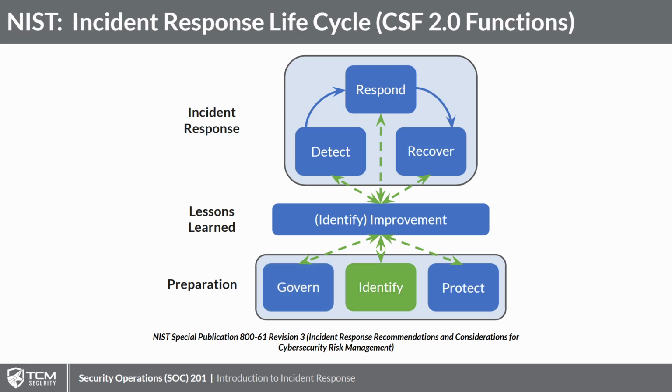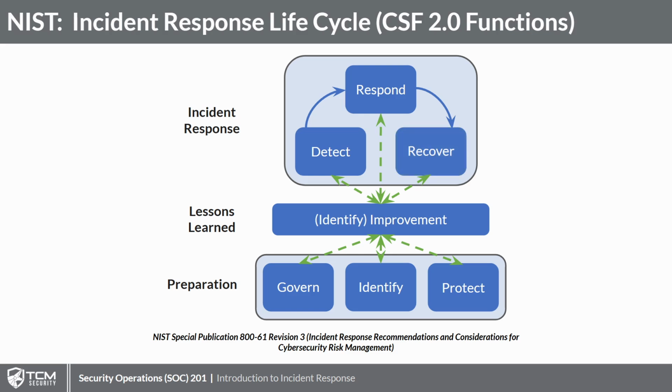We have identify, right, where the organization's current cybersecurity risks are understood. Protect, right, where safeguards to manage the organization's risks are implemented. Detect, of course, where potential attacks and intrusions are found and analyzed. Respond, right, so where actions regarding a detected cybersecurity incident are taken. And lastly, recover, where assets and operations affected by a cybersecurity incident are effectively restored.